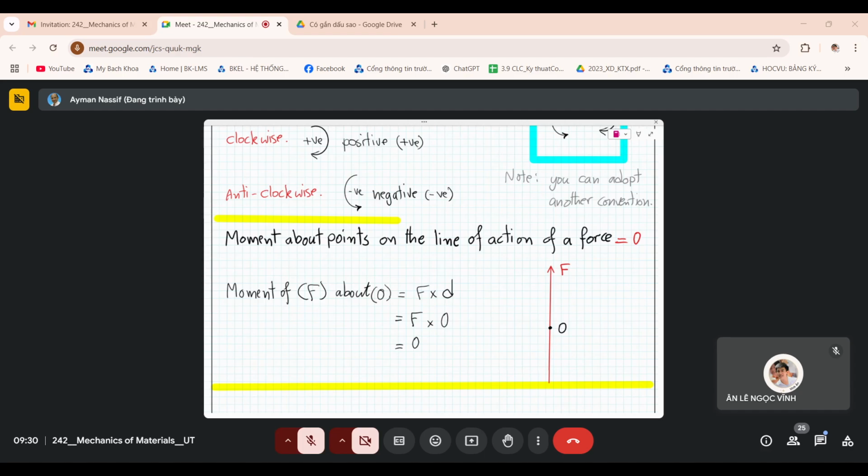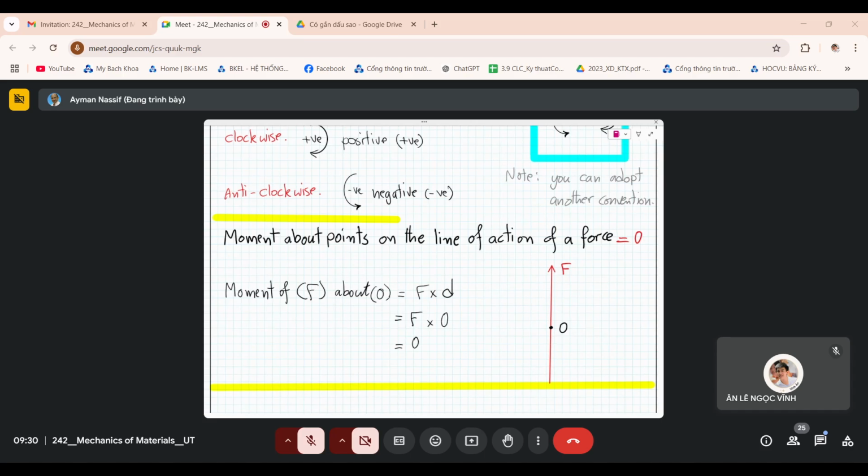A force does not produce any rotational effect around any point on its line of action. So the moment of F about any point O along the line of action of the force is 0. And that is very useful when we calculate reactions later on. All right?